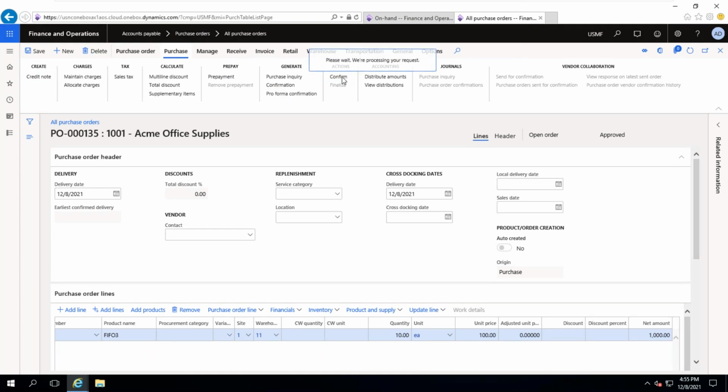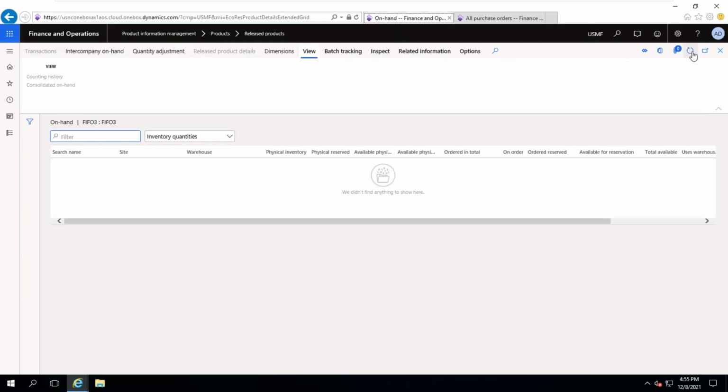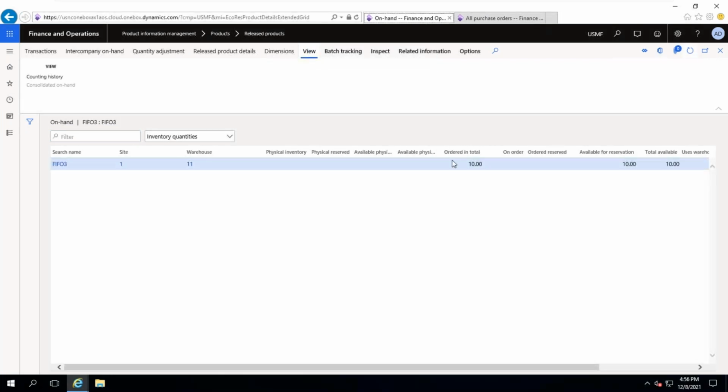The small one is without printing, the bigger one is confirmation with printout. If you want, you can take a printout. Now if you verify on-hand inventory, it will update the order quantity, ordered in total. It will be updated.